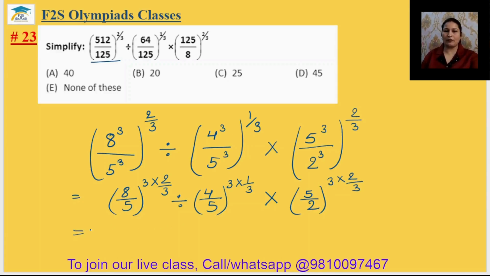Now simplify the powers. To simplify it, the 3s cancel, the 3s cancel, the 3s cancel. Now (8/5)^2, so I can write it as 64 upon 25.